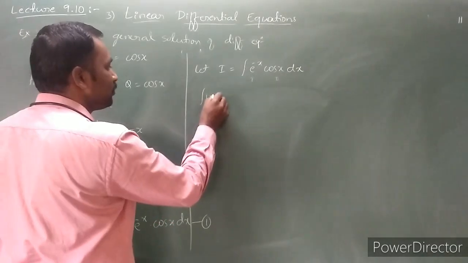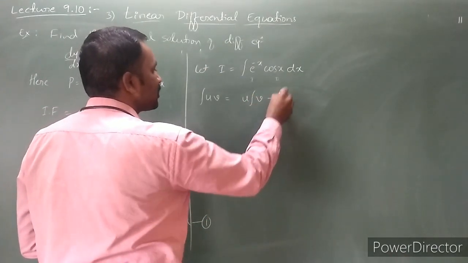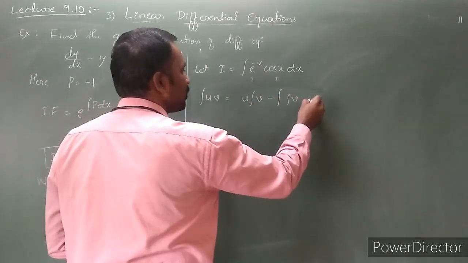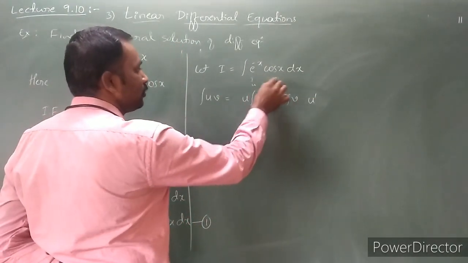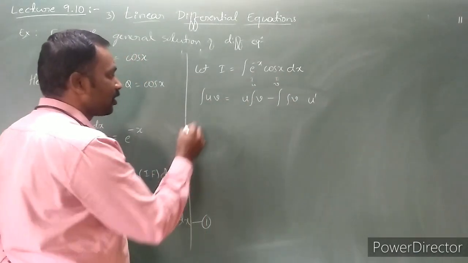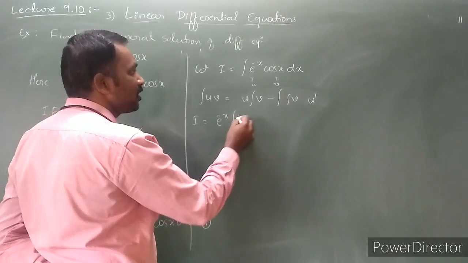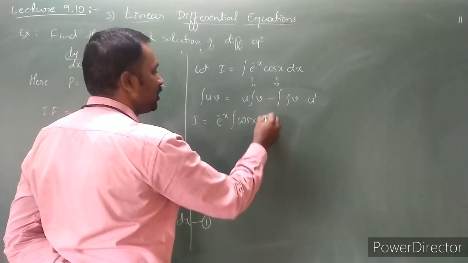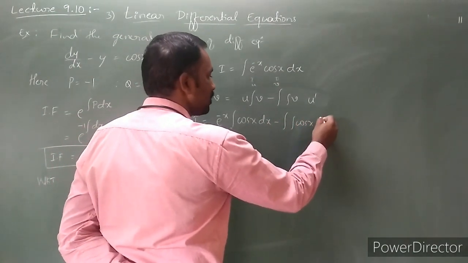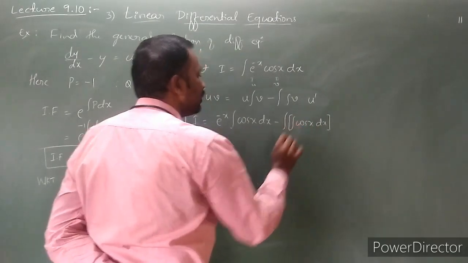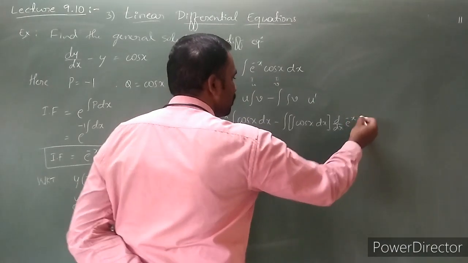So we know the integration of the product of two functions: keep the first function as it is, integration of the second function, minus integration of the integration of the second function into the differentiation of the first function. Using this formula, I is equal to e power minus x, the first function as it is, into integration of cos of x dx, minus integration of integration of cos of x dx into the differentiation of the first function, that is d by dx of e power minus x.